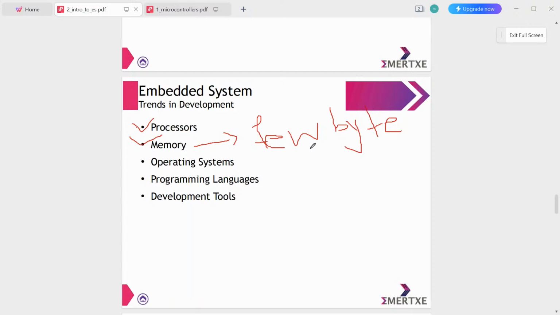Understanding? And if you want to store the code, then which memory will you prefer? NOR flash, right? And if you have more amount of data, better to go with the flash memory. Understanding? So what is my point? There are a lot of choices in the memory. Based on your need, you're going to pick the suitable one.